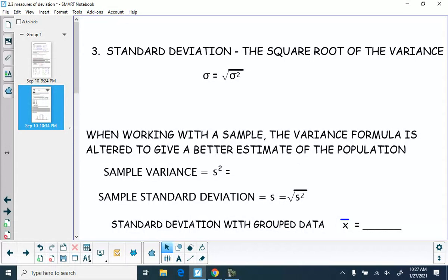And how we signify the standard deviation is by just sigma. It looks like a 6 with the bill of a hat on it.